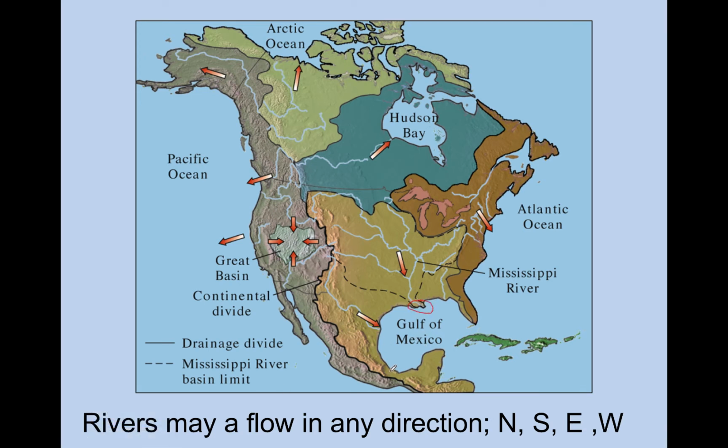It's collecting water all throughout this region here, that's in this central mustard color. It includes the Missouri River and the Mississippi River, all running down here to essentially drain all the water that collects in this region.